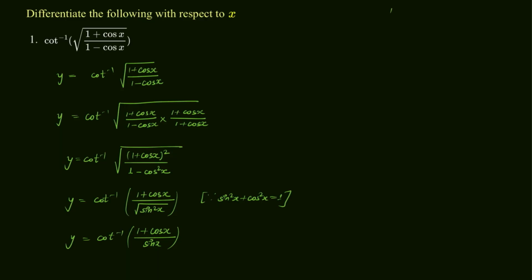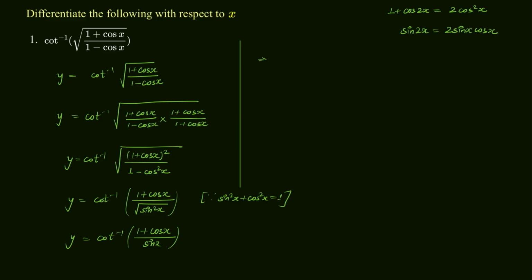We know that 1 plus cos 2x has the formula 2 cos square x, and we know the formula of sin 2x as 2 sin x cos x.